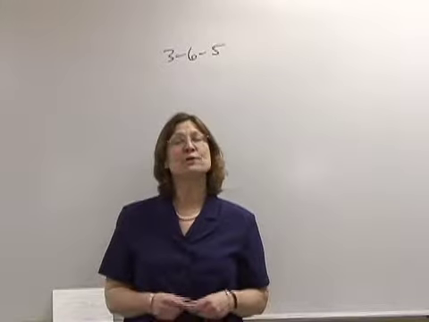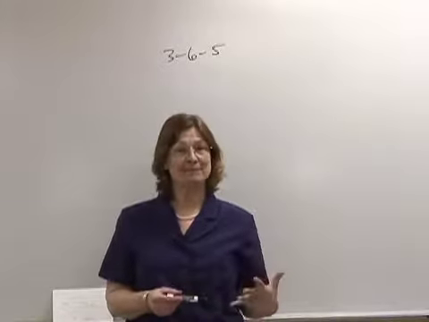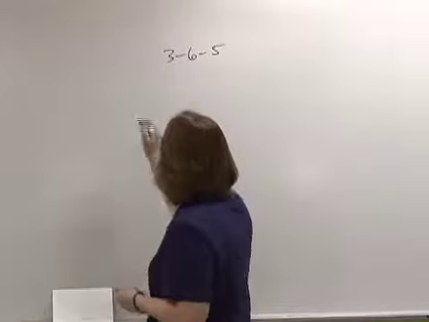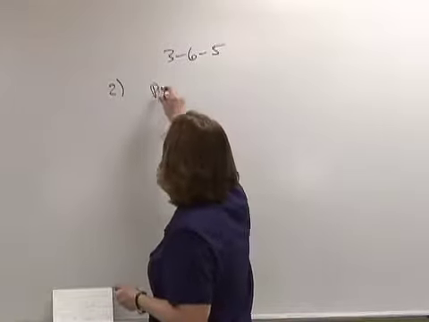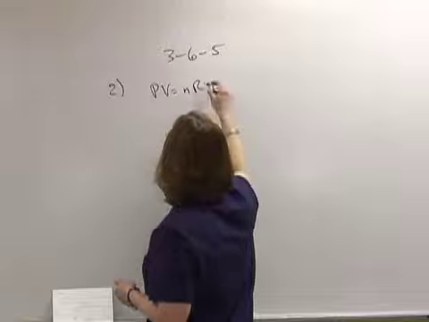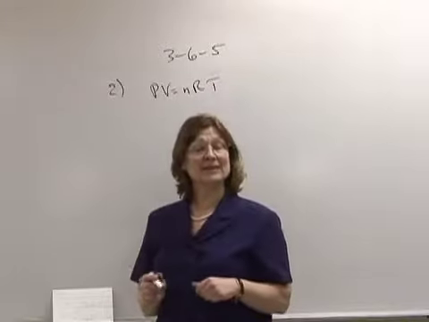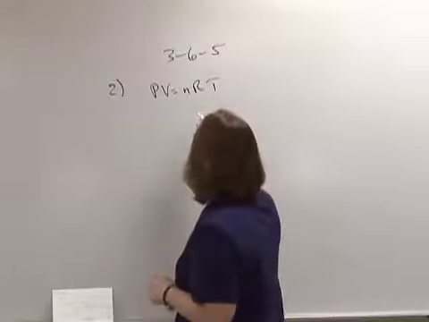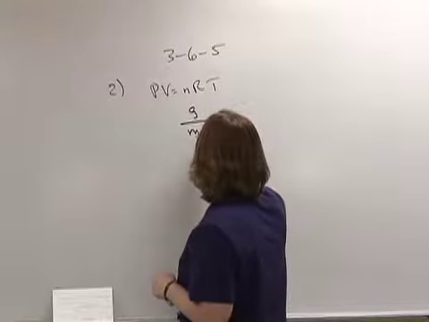In number 2, we are solving for grams. And therefore, when I rearrange my equation, I start with PV equals nRT. Now, you'll recall that n is equal to moles, and moles are grams over molecular weight.